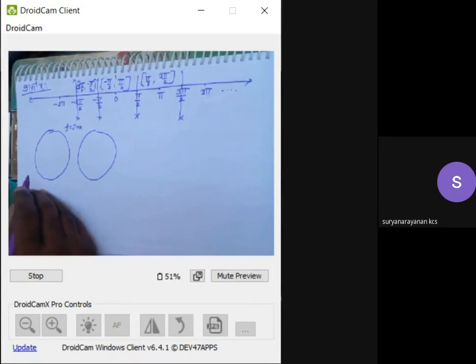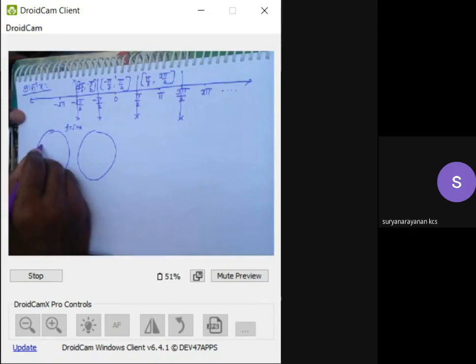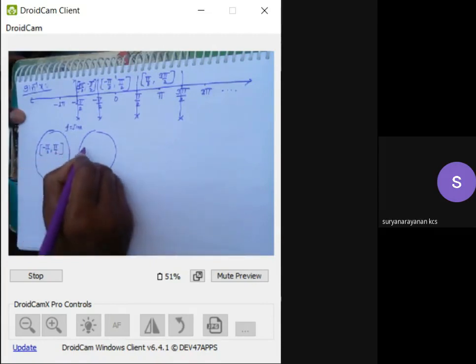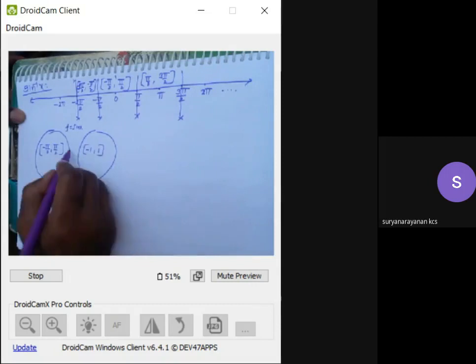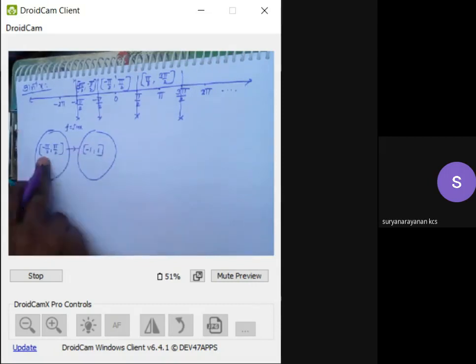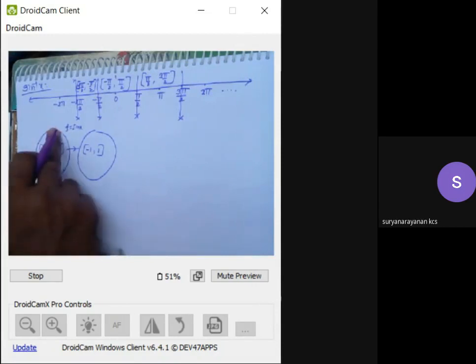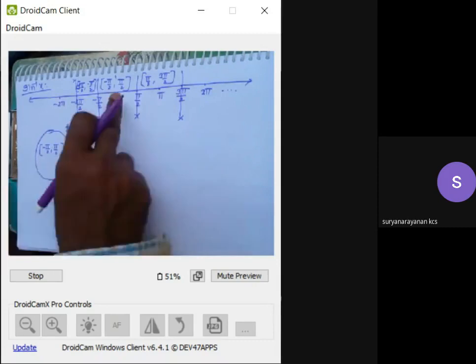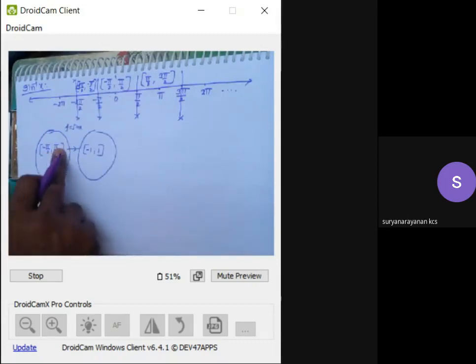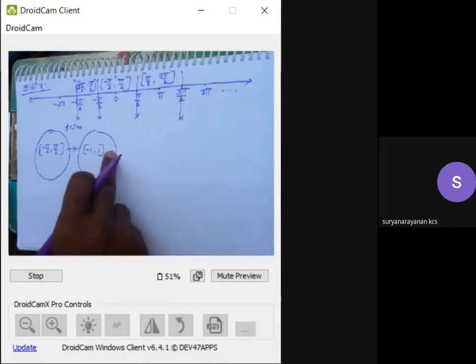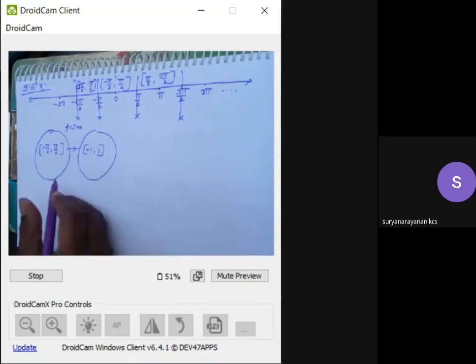If you take the domain of sine x, without taking all the real numbers, if you take only this interval, minus pi by 2 comma pi by 2 closed interval, to the closed interval minus 1 comma 1, in this case it is bijective.